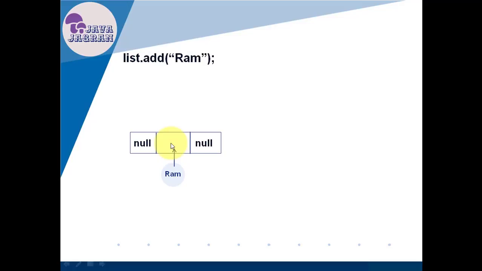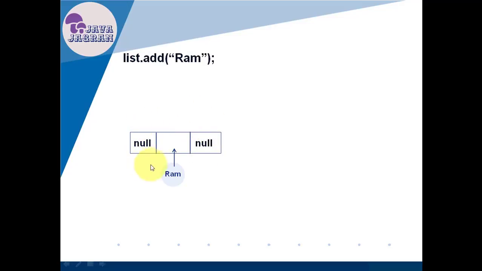As we saw in the previous slide, the node has three attributes: previous, next, and element. Previous will be null, next will be null, and the element will contain that object. The linked list internally has a reference pointing to this node, since it is the first node.